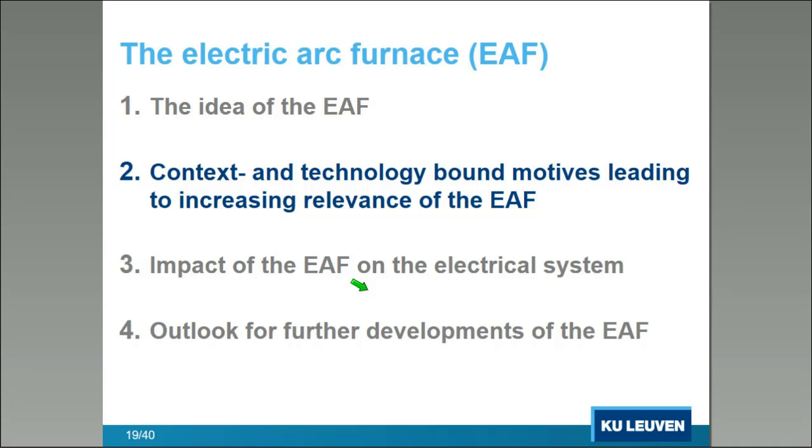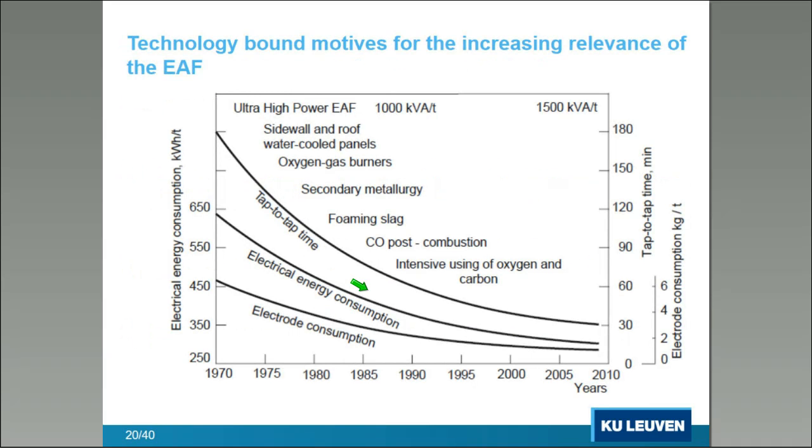So this brings me to the next paragraph, where I want to summarize in a way the context and technology-bound motives leading to an increasing relevance of the electric arc furnace. So first of all, the technology-bound motives for the increasing relevance of the electric arc furnace. Let me start by telling you this.